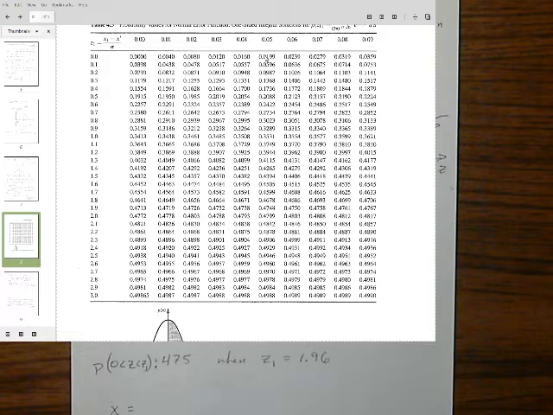So in other words, my measurement is equal to my expected value, which was 4.922 inches, plus or minus sigma x times z, which I'll substitute in just a minute, or 4.922 plus or minus 0.0005 times 1.96.